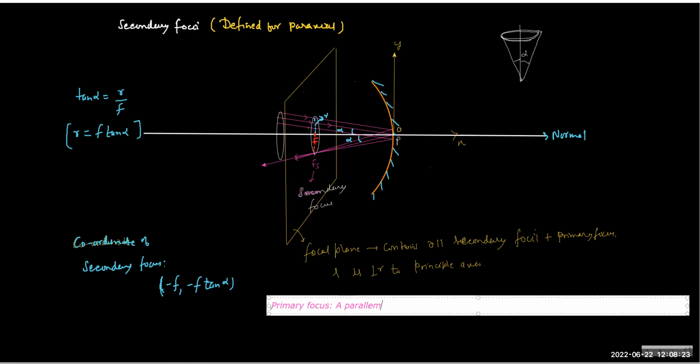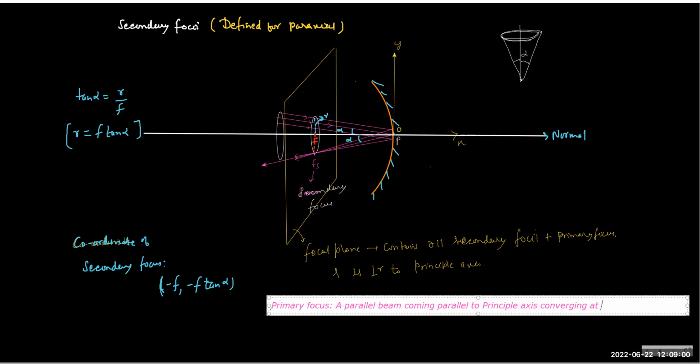A parallel beam coming parallel to the principal axis, converging at a... okay, see, it's not only about converging. It appears to be converging, or it may be diverging from that point in the case of a convex mirror. So I am taking the definition for both scenarios, concave mirror and convex mirror.